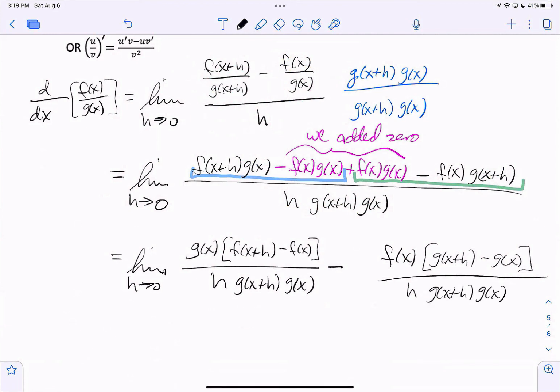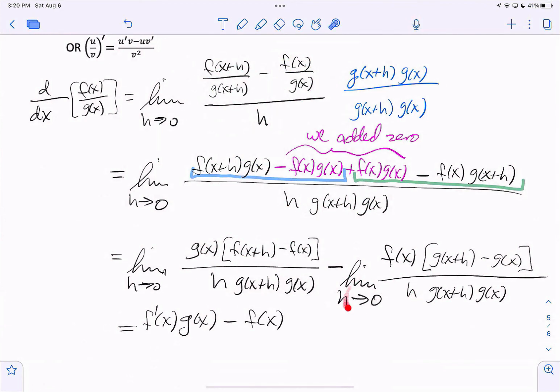And then I'll apply the limit to the two different terms using the difference law for limits. As h goes to 0, g of x is unchanged. So I have g of x and f of x plus h minus f of x over h. That is f prime of x. And I'll put that in front. Minus, for the second term, f of x, g of x plus h minus g of x over h as h goes to 0 is g prime of x.